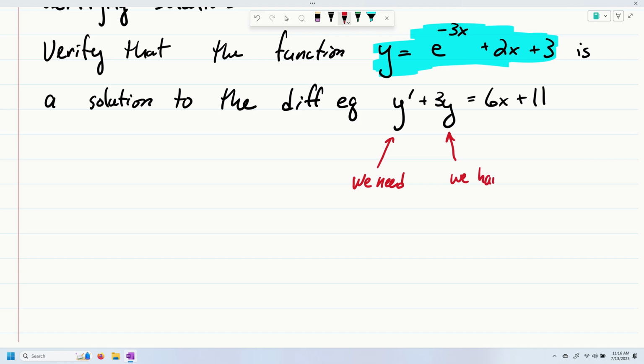We already have y, which is e to the negative 3x plus 2x plus 3. Once we find our derivative, we're going to substitute it in and see: does the left-hand side equal the right-hand side, or can we get a very nice simplification here? Okay?